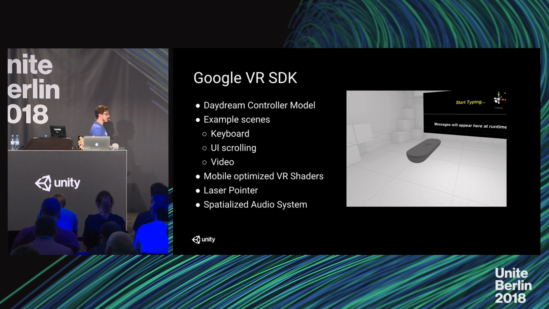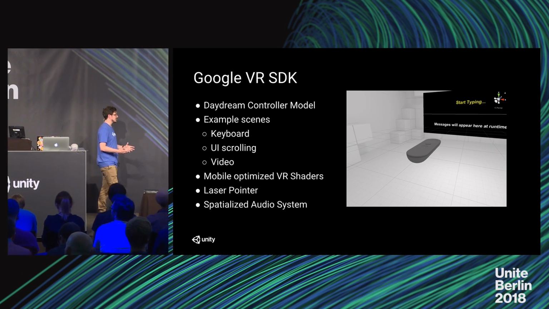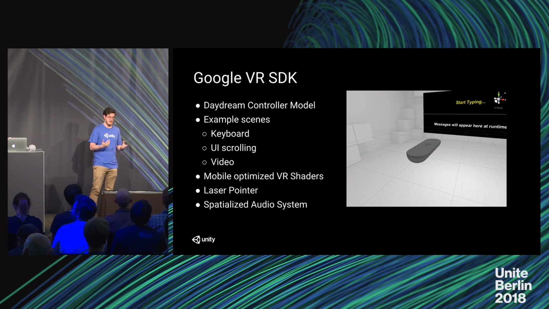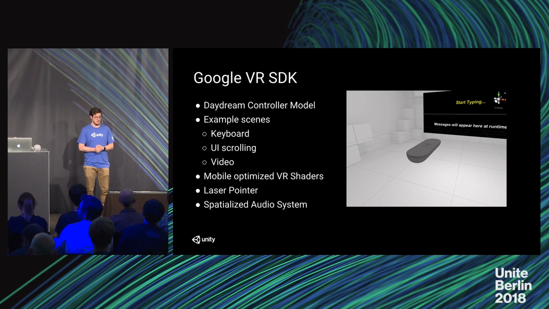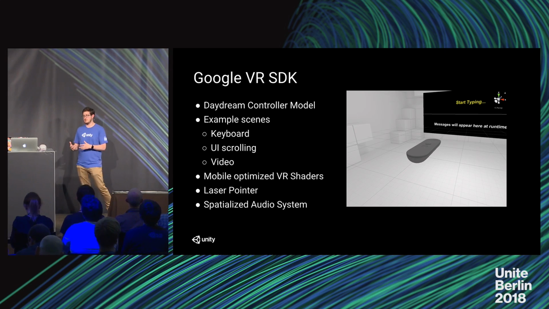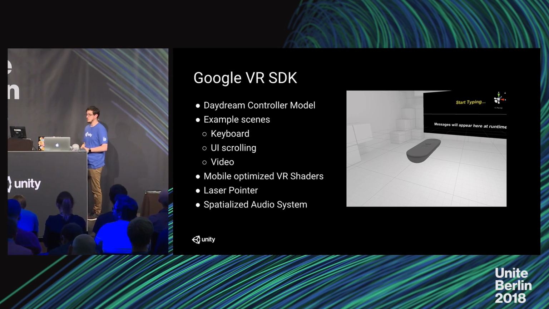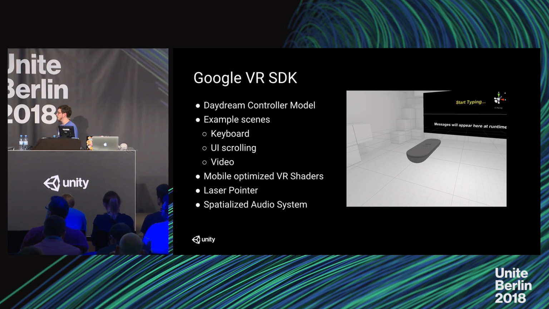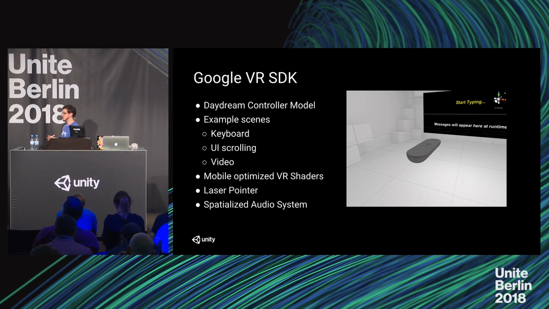As well as the Oculus Utilities, there's also the GVR SDK, which provides some nice things like the Daydream controller model, some example scenes, and how to configure and set up for usability of the controller. It also has its own shader pack where they've optimized some shaders for mobile.